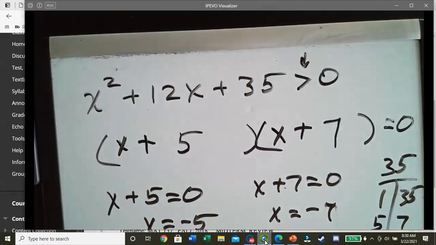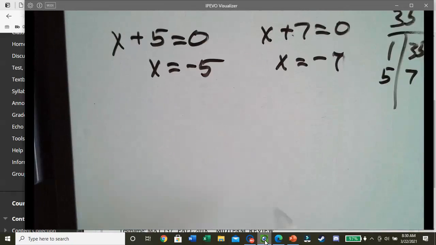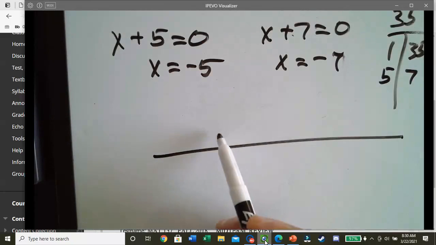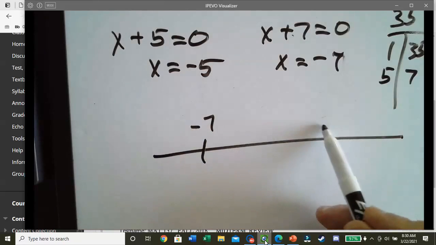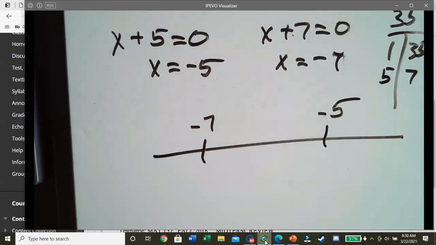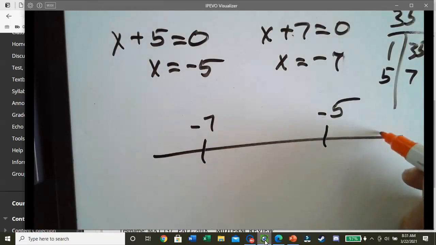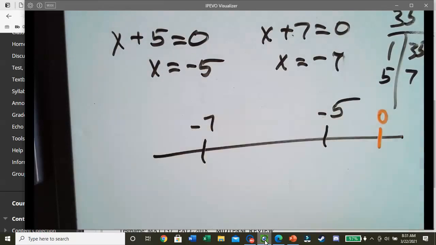Okay, so you've got to pay attention to that inequality sign, right? So we've got here negative 7 and negative 5. Well, we can still use 0 as a test point, because if 0 is outside, then they're both outside, right?